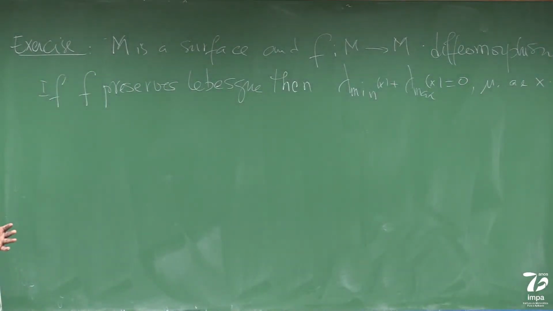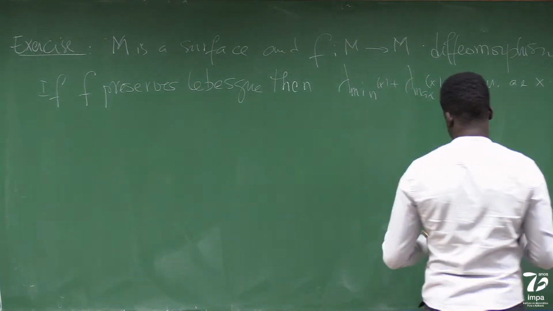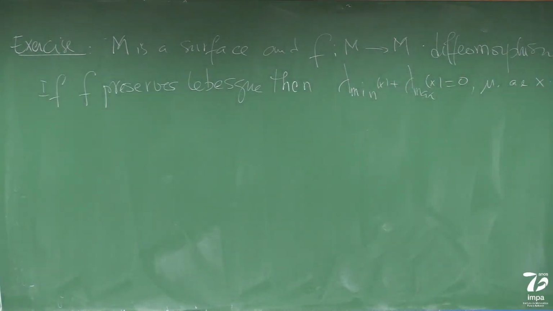Like if you have a diffeomorphism that leaves invariant Lebesgue, the Lyapunov exponents are opposite. You have two Lyapunov exponents: one is positive and the other one is negative, and one is minus the other. Okay.